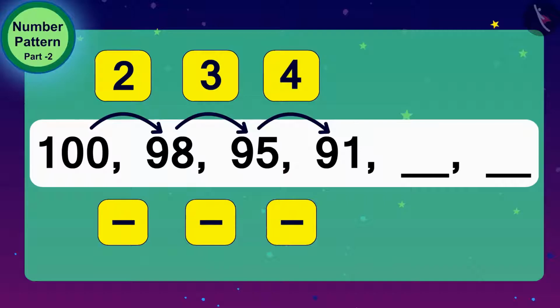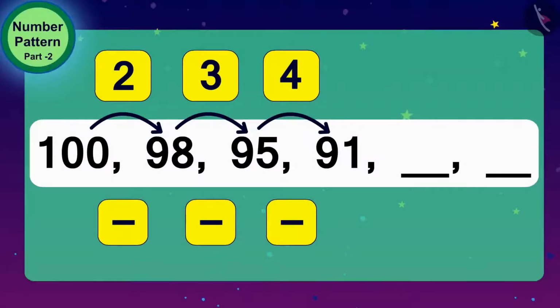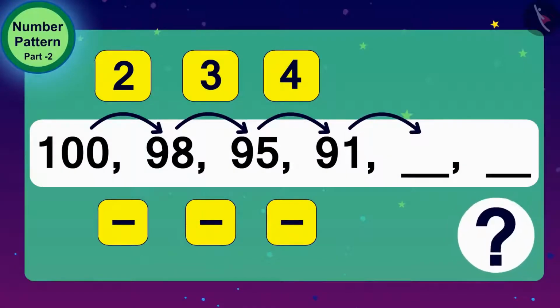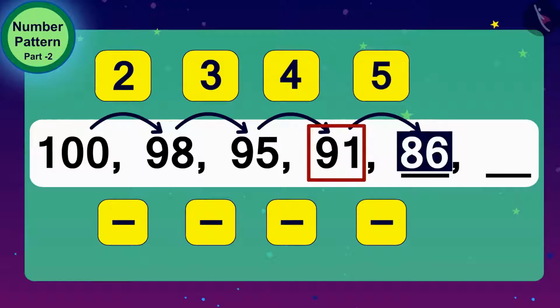Children, here you can see that the number being subtracted every time is increasing by 1 to get the next number. So, the next number in this pattern will be 5 lower than 91, or 86.